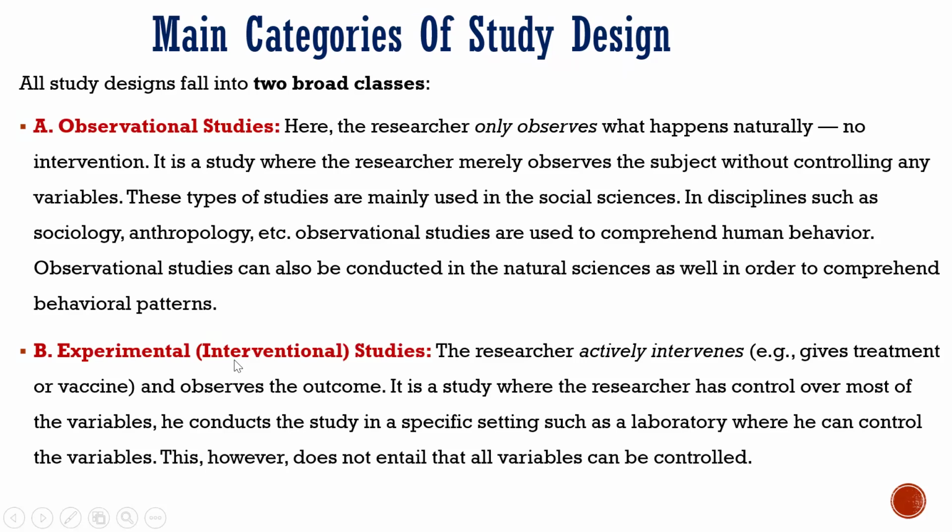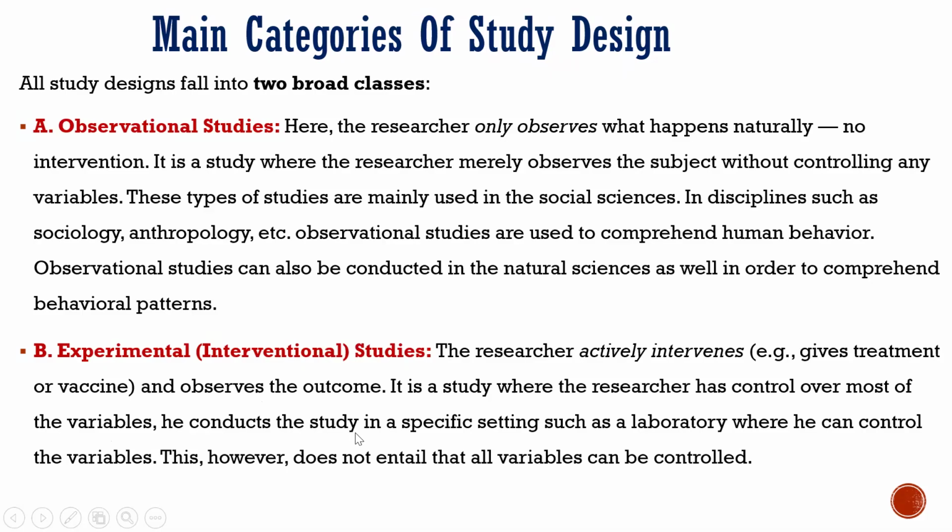And then just like I've explained, in experimental studies, or interventional studies, the researcher actively intervenes. For example, they give treatment or vaccine, or they give health education. It's also an interventional study and observes the outcome. So it is a study where the researcher has control over most of the variables.